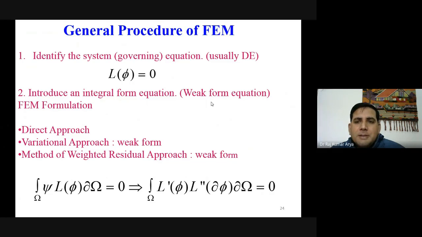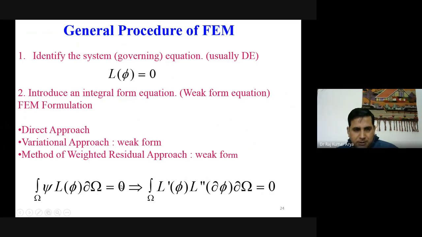Now, you are introducing some function psi, multiplying by it and integrating over the entire domain of the basis function. That means you are making it orthogonal, and finally the residual at all the points must be equal to zero.